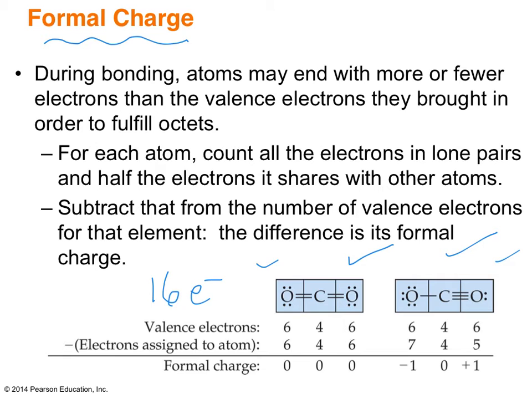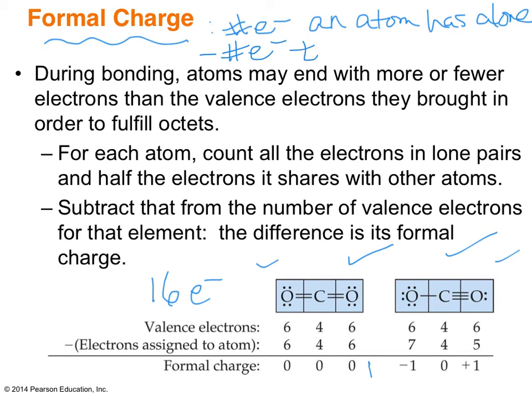The formula for formal charge is the number of electrons an atom has when it's alone minus the number of electrons that same atom has in the compound.